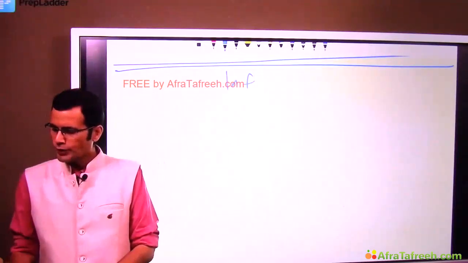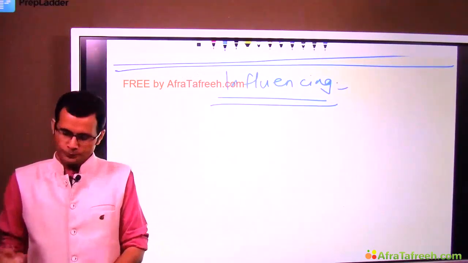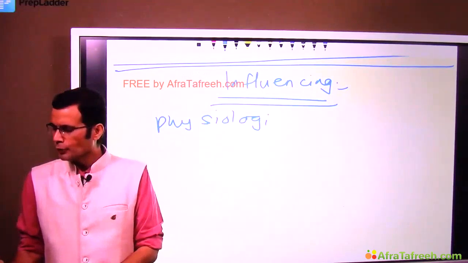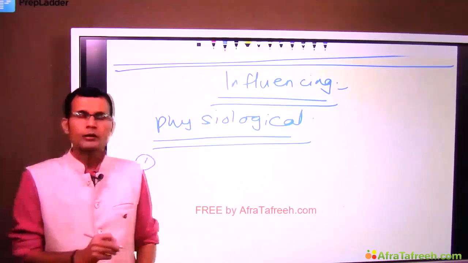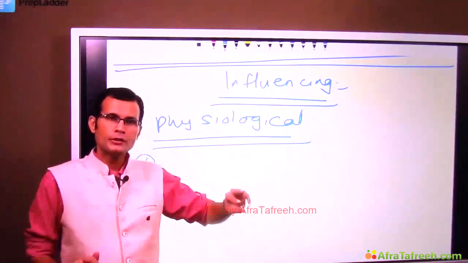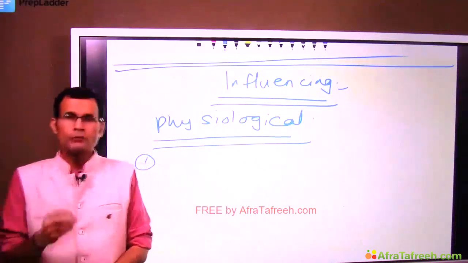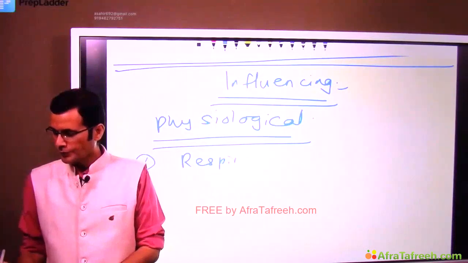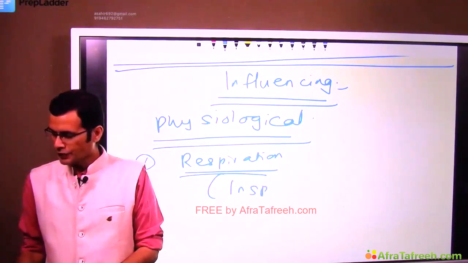Let us also quickly see the factors influencing the cardiac output. Physiological factors. I am going to name only a few important ones. Well, I am going to just join these factors with the stroke volume and heart rate. For instance, let's say respiration, or to be more precise, let's say inspiration. What is the effect?